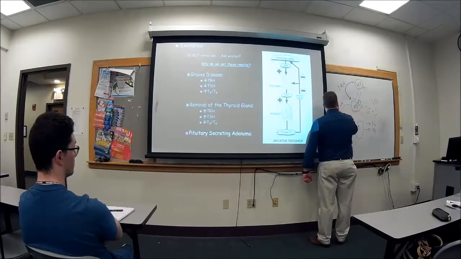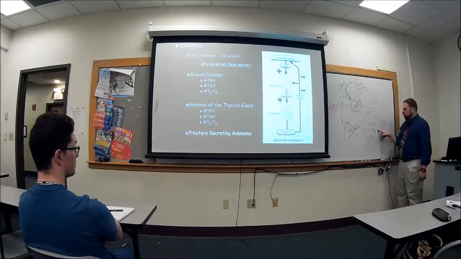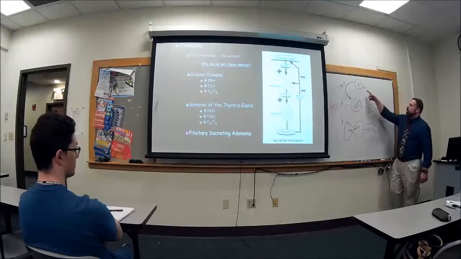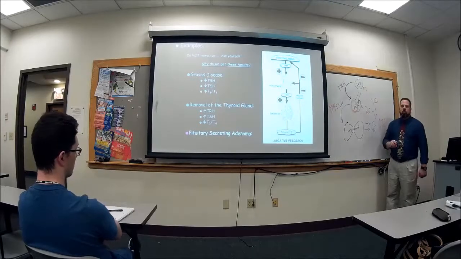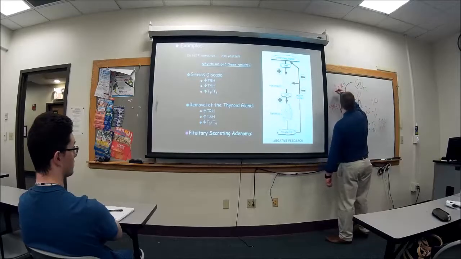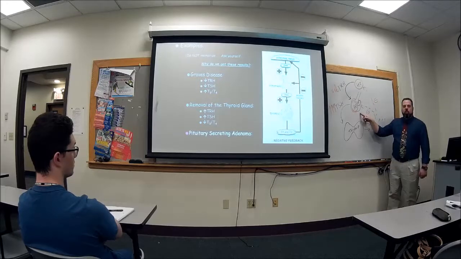So it's going to increase. If this increases, what happens to T3, T4? It increases, right? If this increases, what does it tell the hypothalamus to do? Decrease or increase the TRH? Decrease. Good. Okay. What's it going to tell the anterior pituitary to do?